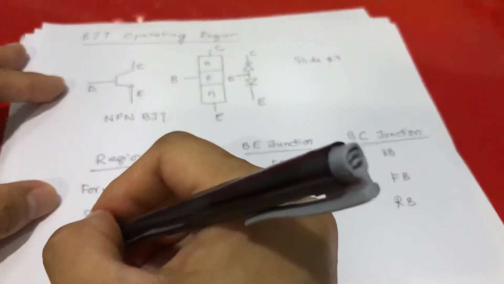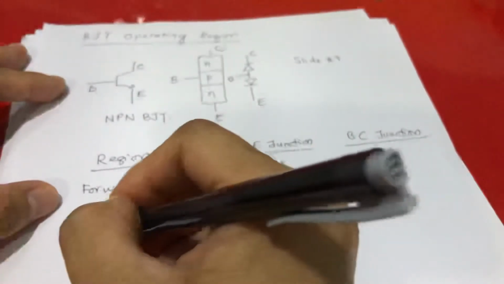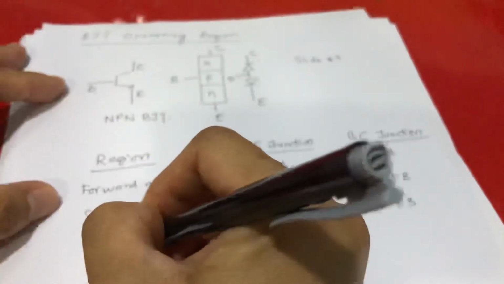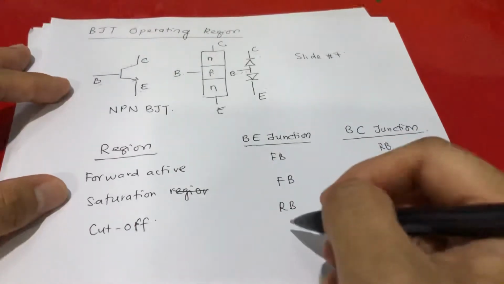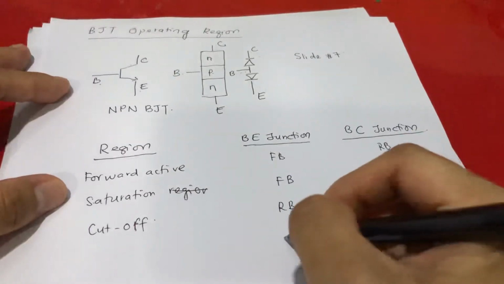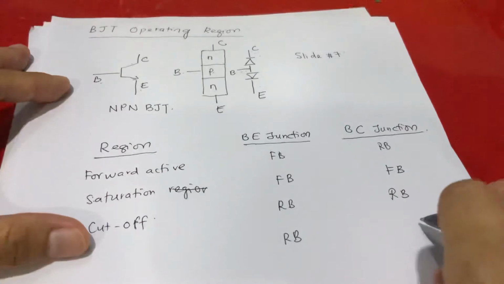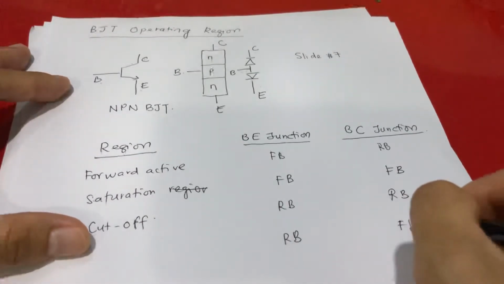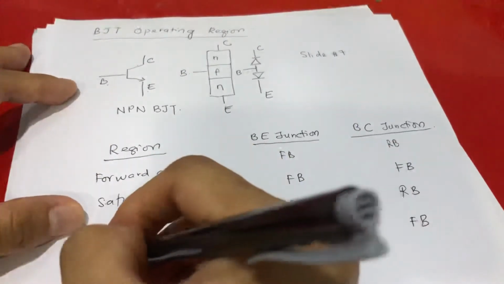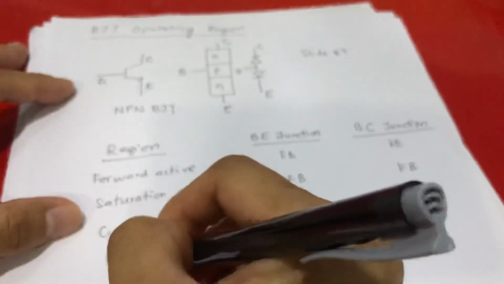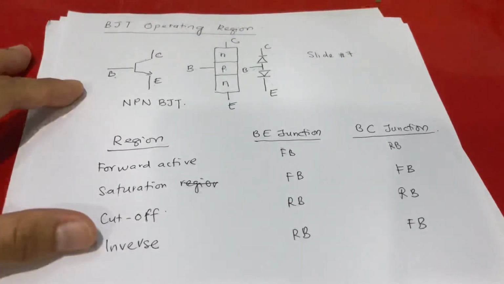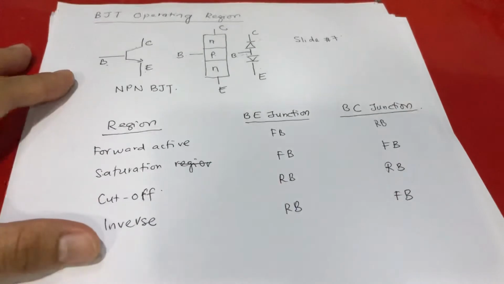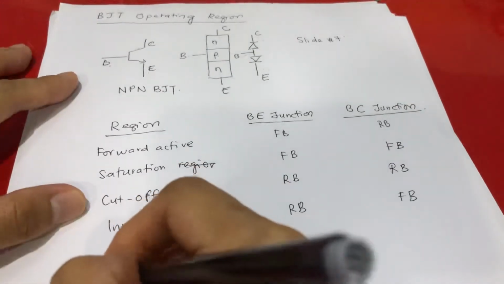Then the BJT will be in the cut-off region. And if the base-emitter junction is reverse bias and the base-collector junction is forward bias, then it is called inverse. The BJT is in the inverse region.